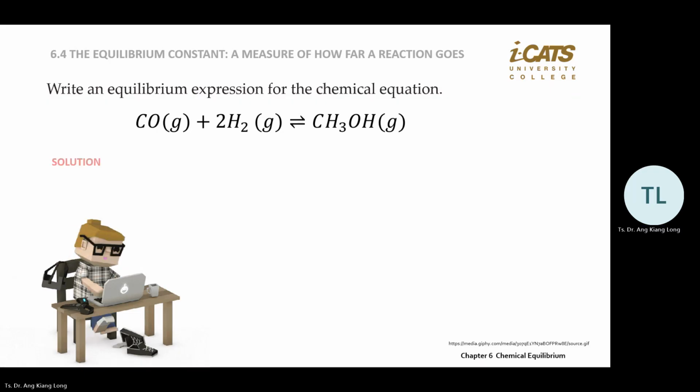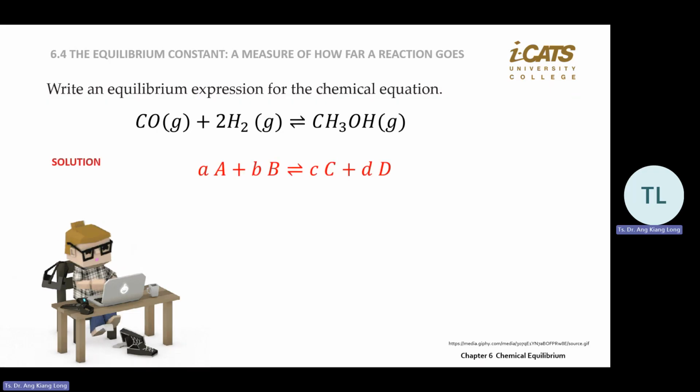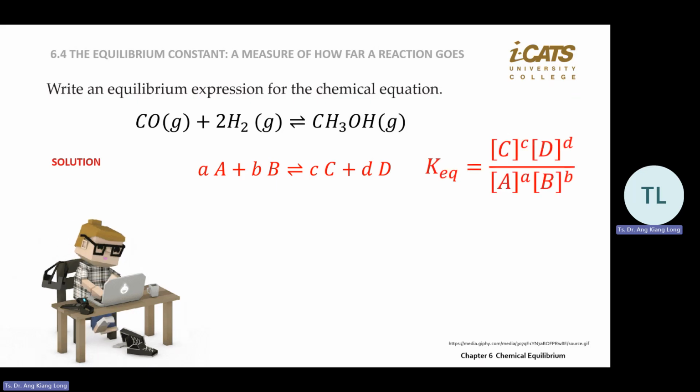Okay. So first solution, write this one again. All right, small a, capital A, blah, blah, blah. I write this equation, and then write the KEQ bracket CD divided by AB. This one will cost you 2 marks. If you write this one, you'll get 2 marks out of 3 already. Even though you don't know how to substitute later, but you write this one, you get 2 marks.